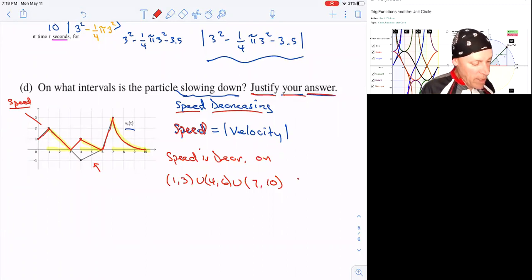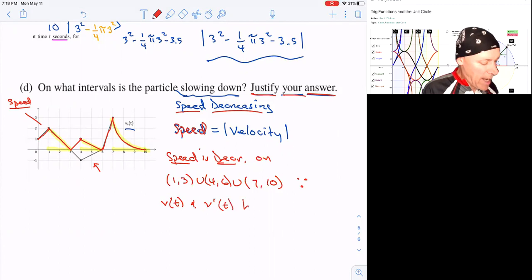Okay, now justify your answer. Okay, because what? The speed is decreasing when v of t and acceleration, which is the derivative of velocity, have different signs. Okay.